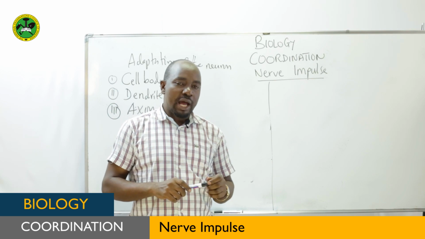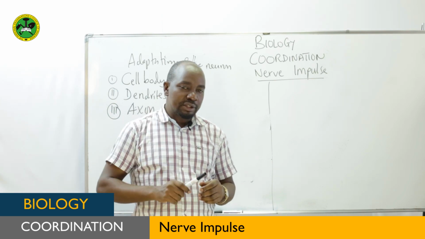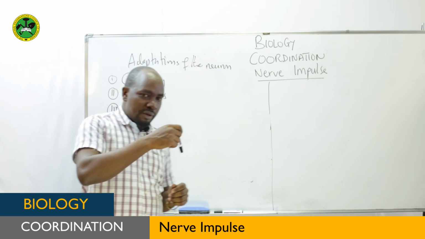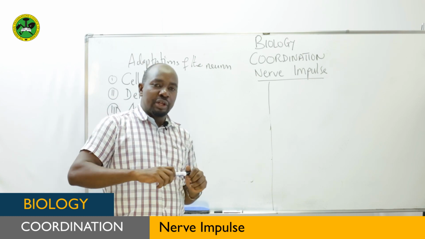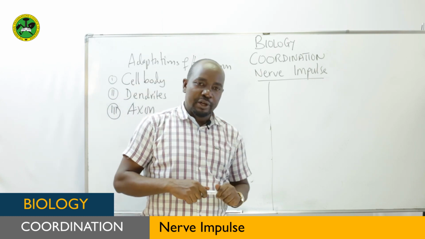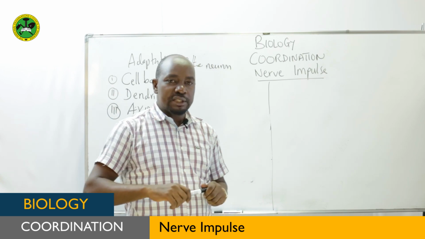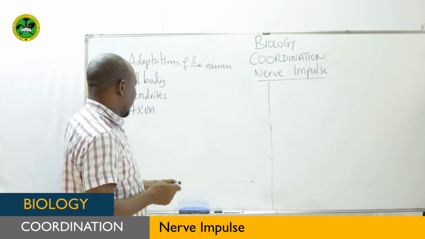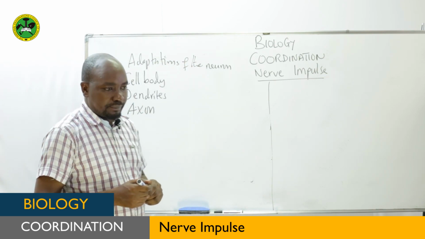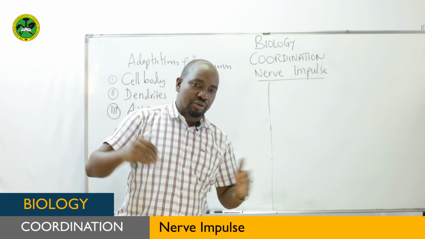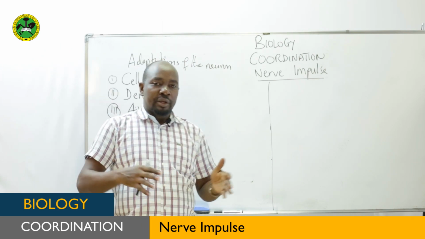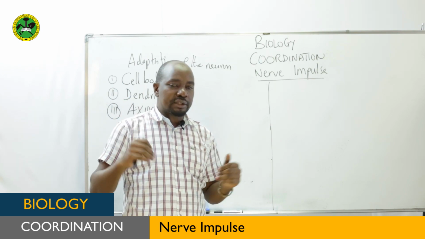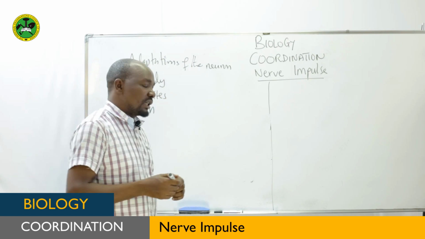The major function of the axon is to conduct or transmit nerve impulse away from the cell body to the effector, or to the central nervous system, or to another neuron. That is the third feature. The longer the axon and the larger its diameter, the more efficient the transmission.